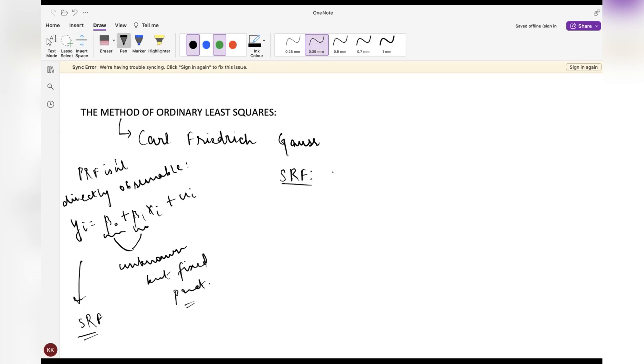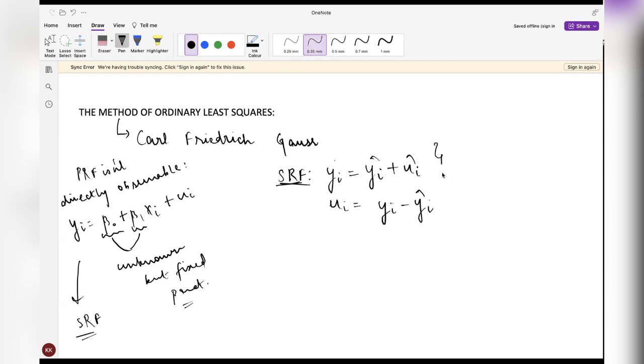So what was our SRF here? This was taken as yi is equal to yi hat plus ui hat, so we had ui hat is equal to yi minus yi hat. And we want this sample regression function to be as close as possible to the true population regression function. So how can we achieve that?